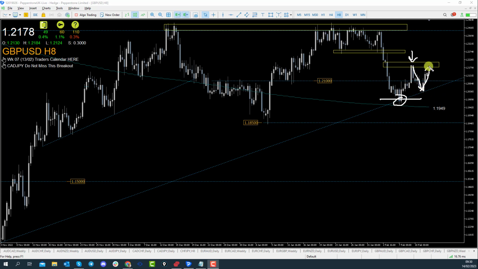Now we're heading back to the 1.22 handle. We need to see how price reacts here, because I've got a feeling we may trade a little bit higher, because the last time we spoke about pound, we also talked about looking to see if it will retest this range that it broke out of. So I wouldn't be surprised if we traded through the 1.22, moved up towards the 1.2275 and retested in and around this range.